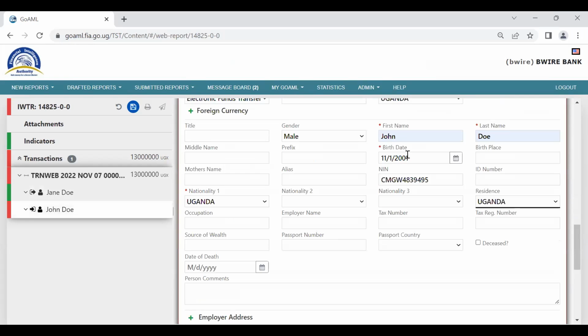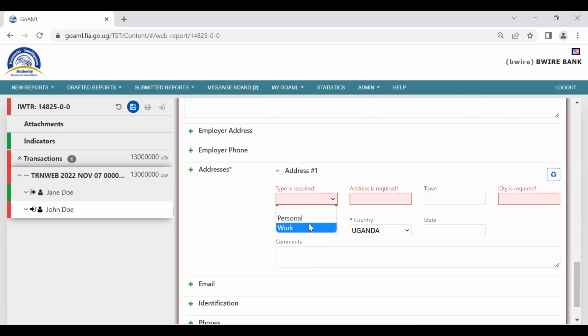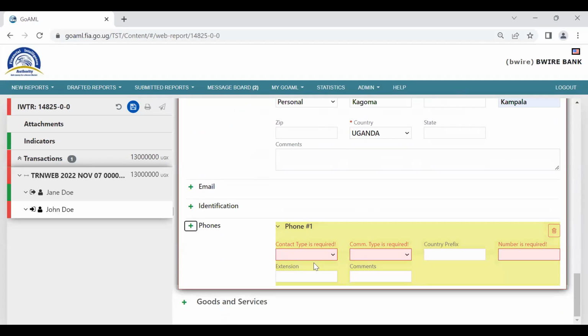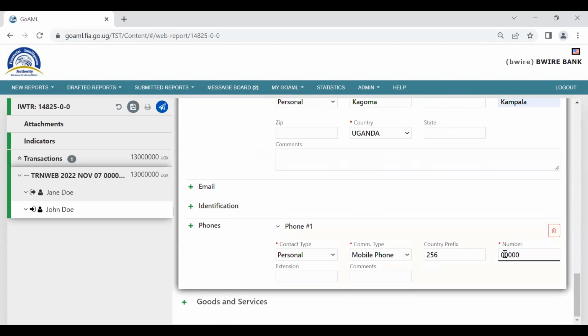But for the person receiving, I even have the date of birth, the nationality, the residence, the NIN, and so forth. I even have the address details of this person, and probably the phone detail. And that's it for this transaction, money remittance.